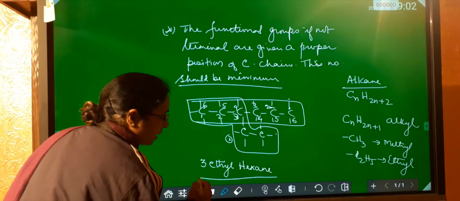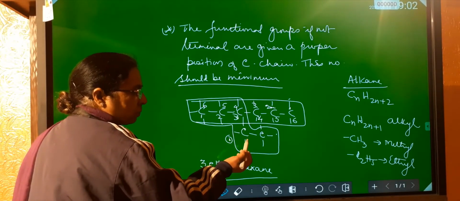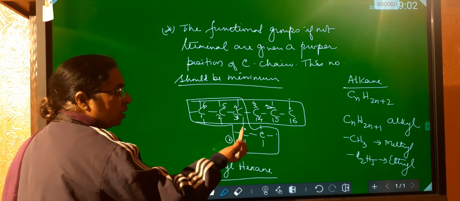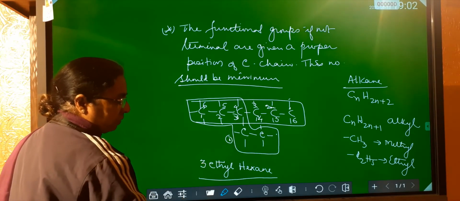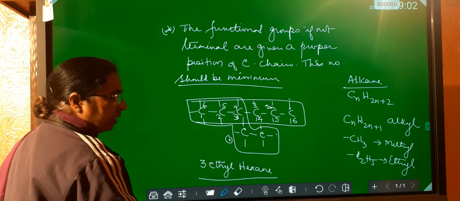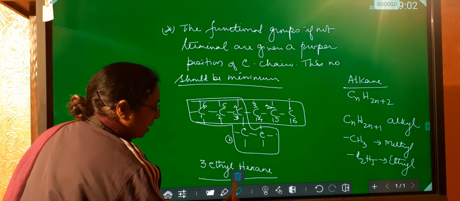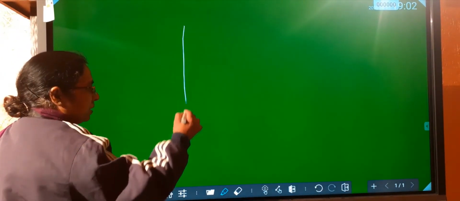3-ethyl hexane. So supposing if this is ethyl, and there is some other functional group here too, then we will definitely give the position of this, and accordingly we will be writing for it. Fine. Alright, now let us make a table and see the different functional groups and how we will be writing the names for it.